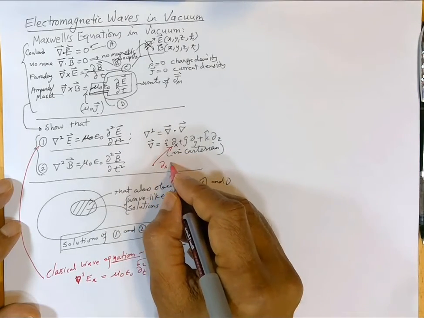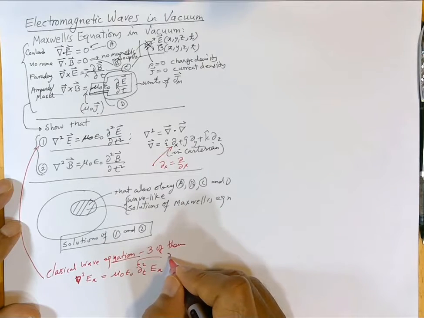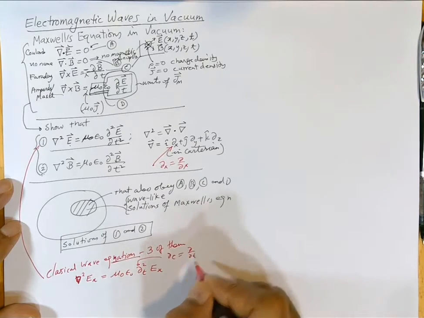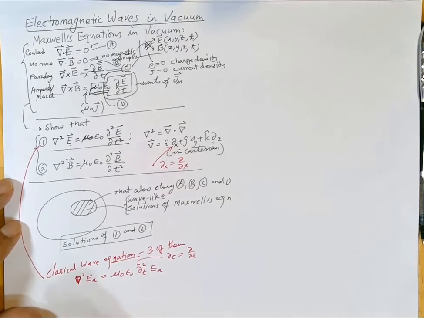This dx stands for d/dx. Similarly, dt stands for d/dt. So dt square is a second derivative. And del square Ey equals mu naught epsilon naught dt square Ey.